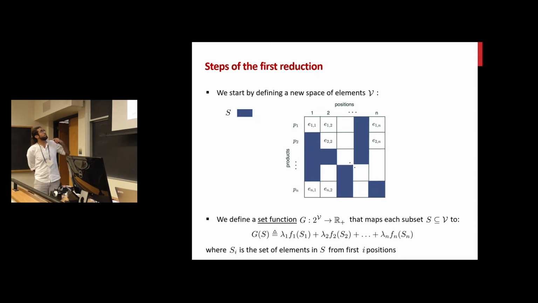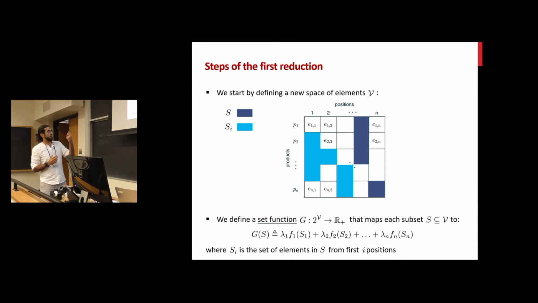So to just give you a demonstration, suppose I pick some squares in this shape, in this graph. So that's S. Now I'm going to look at Si. So it's basically the set of all the elements that are in the first i positions. And from this, you can actually generate the function g of S. So it is a set function, but on this exploded set.